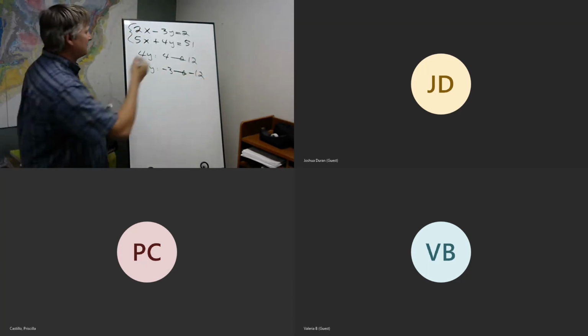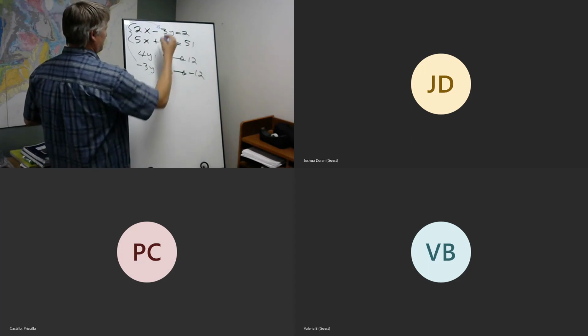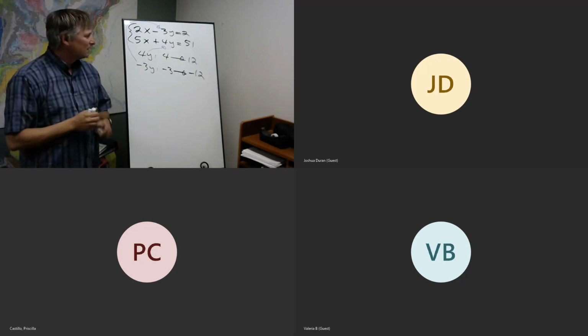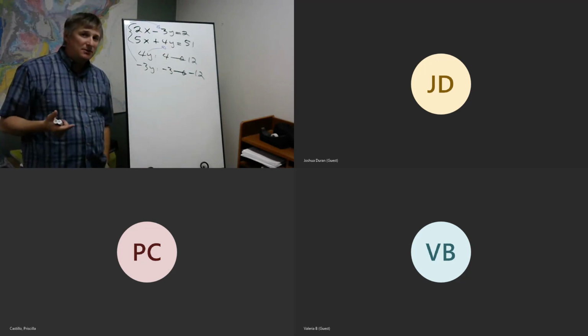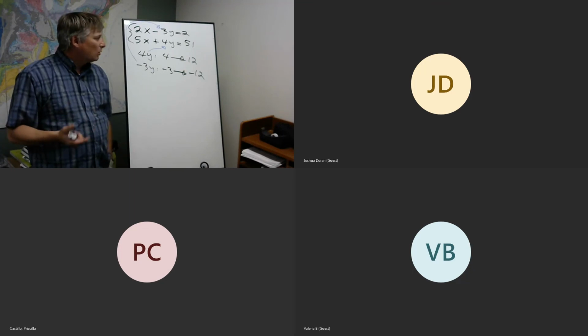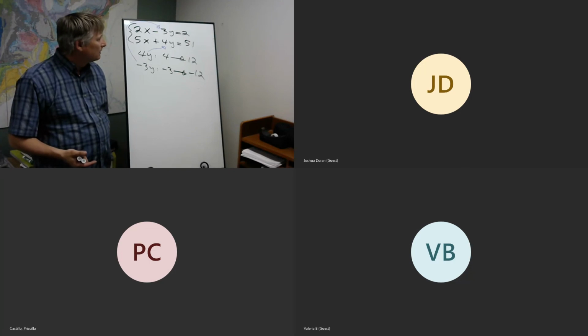Then, when we add these equations, we add the left sides, the negative 12 and 12 will cancel, eliminating the y's.